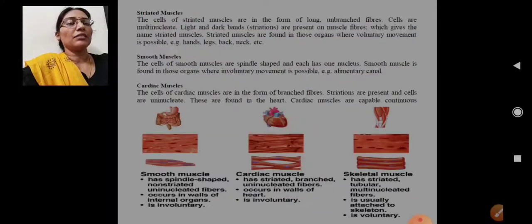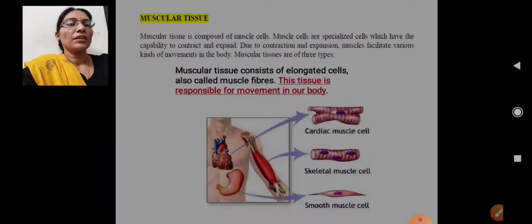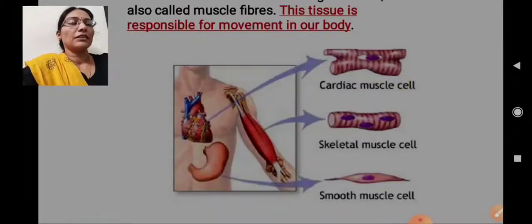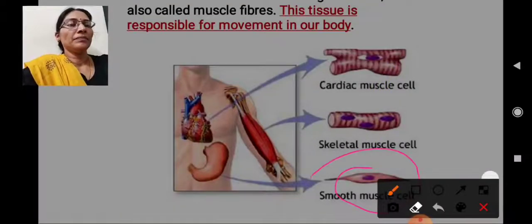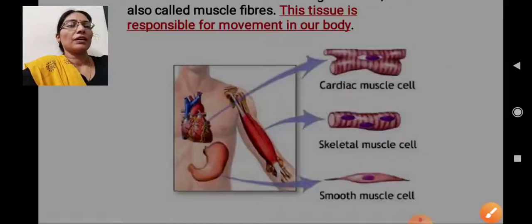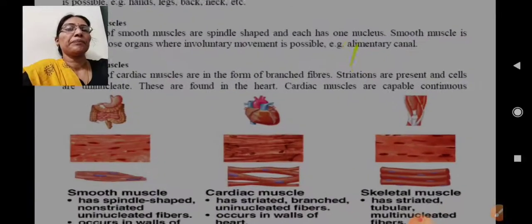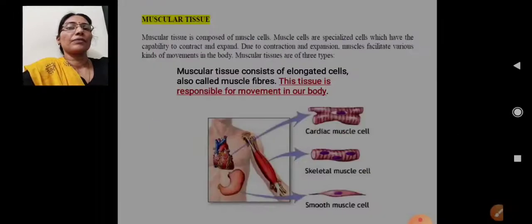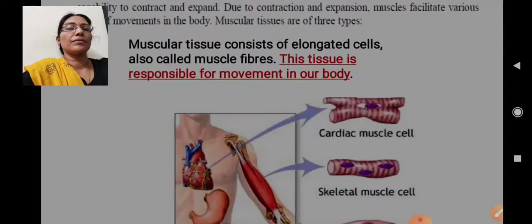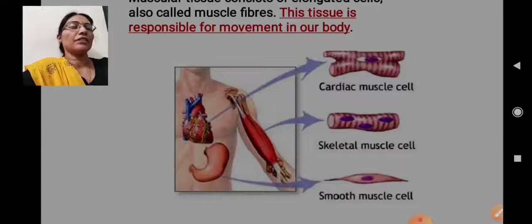Now you can see smooth muscles here. These are the smooth muscles. These smooth muscles have a different shape.